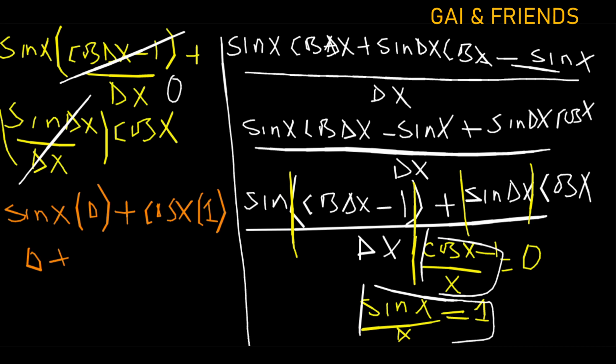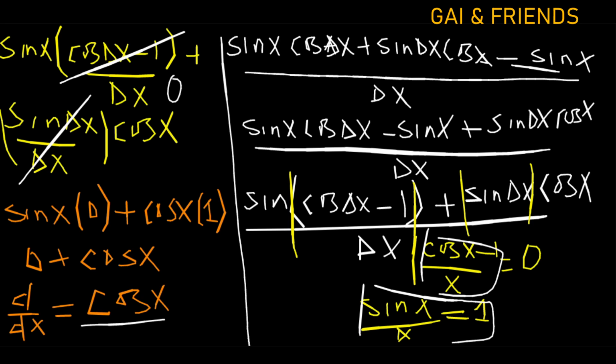So cos x multiplied by 1 is cos x. So we can say the derivative of sine x here is cos x. And we can pretty much stop here. We can now use these derivatives in examples.